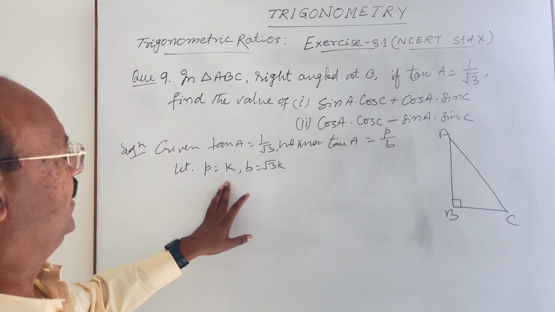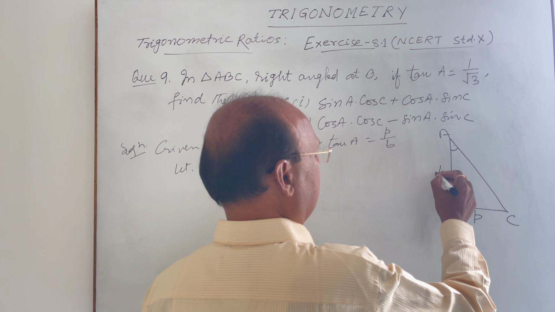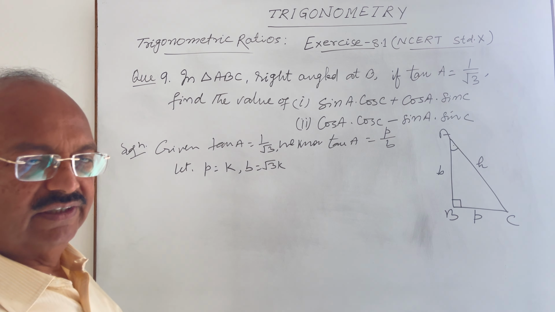Okay, so here P and B are given, and you know that with respect to this angle A, the opposite side is perpendicular and the adjacent side AB is base. So first of all we have to find out H here, correct? H means AC. So by Pythagoras theorem, AC is equal to square root of AB square plus BC square.